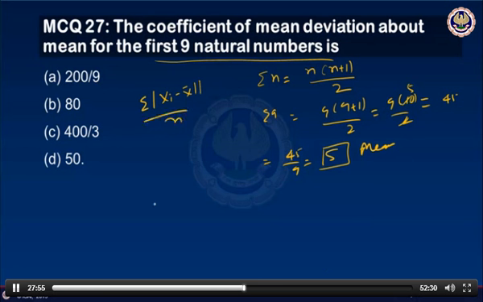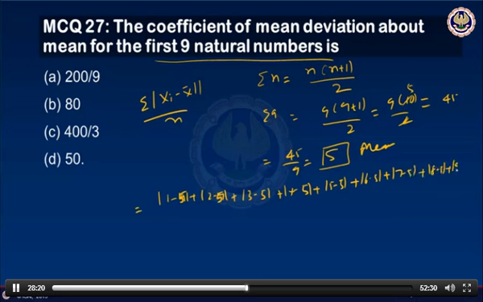Now we have to compute the absolute values: |1 minus 5| plus |2 minus 5| plus |3 minus 5| plus |4 minus 5| plus |5 minus 5| plus |6 minus 5| plus |7 minus 5| plus |8 minus 5| plus |9 minus 5|, and this is divided by 9 observations.